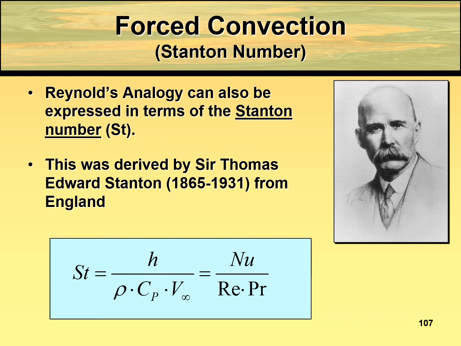This was developed by Sir Thomas Edward Stanton, born in 1865 and died in 1931, who modified the Reynolds number combined with the Nusselt number. So the Stanton number gives you the h convection coefficient divided by rho Cp times V infinity, or the Nusselt number divided by Reynolds number and the Prandtl number.